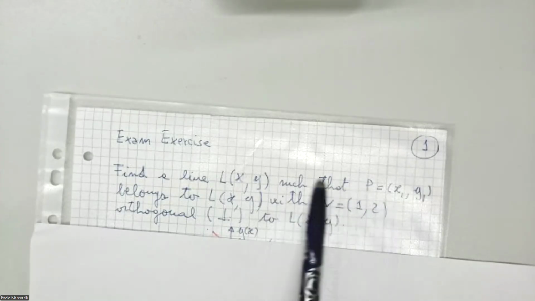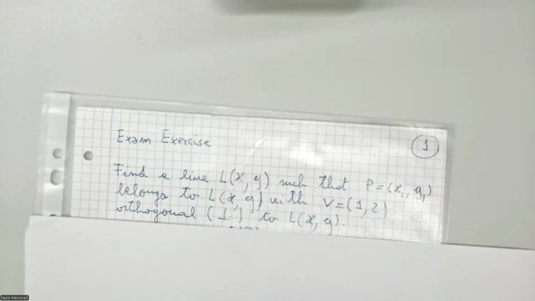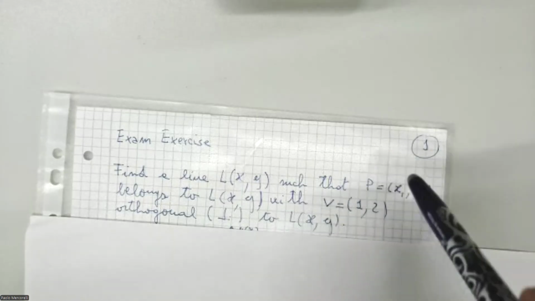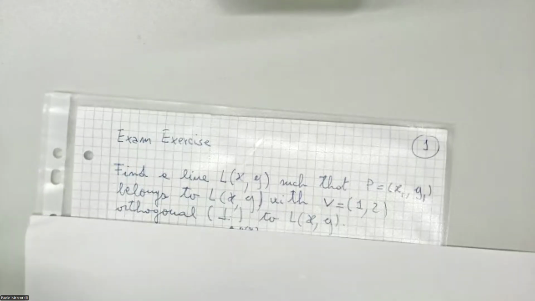I give you the vector V orthogonal to the line, similar to before. I didn't specify the point, but assuming that I have the point x1, y1, and as before, I give you a vector V orthogonal to the line.